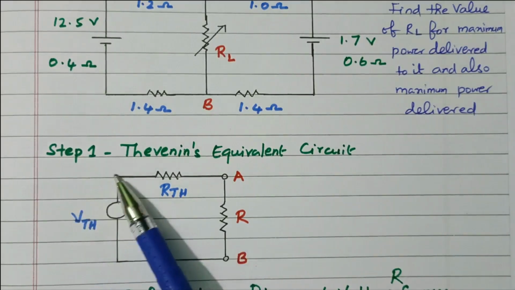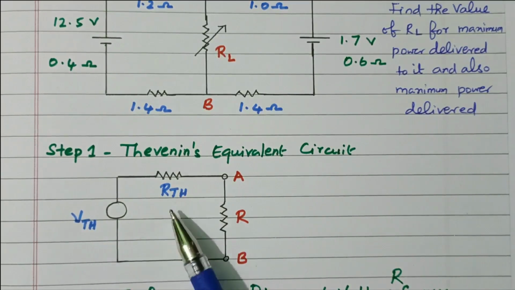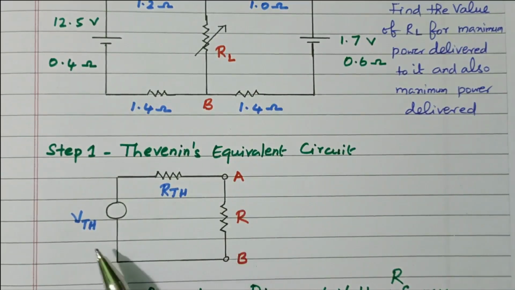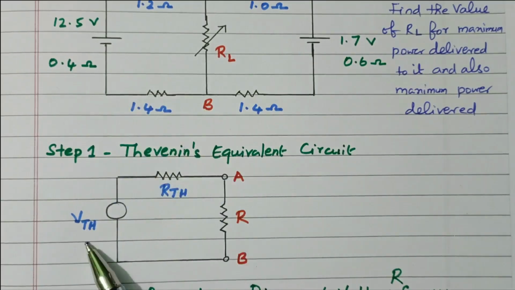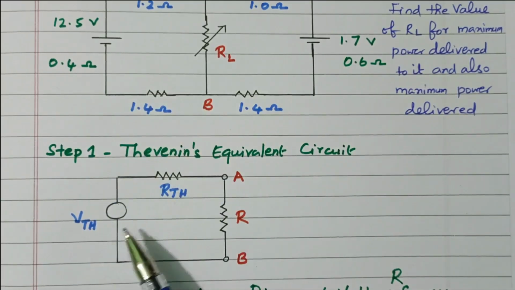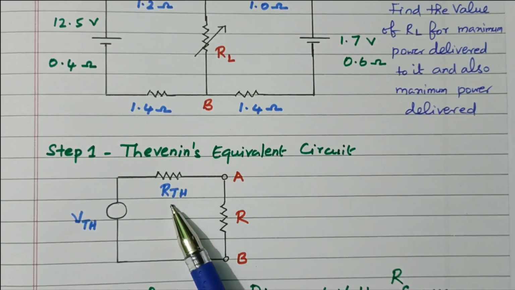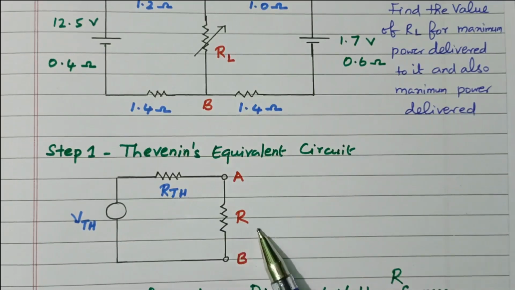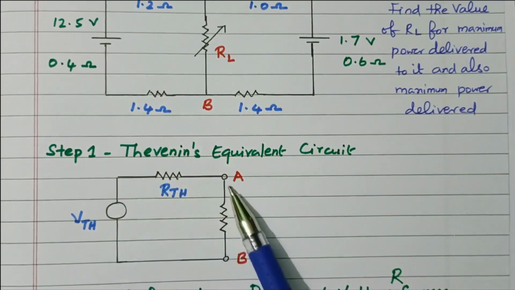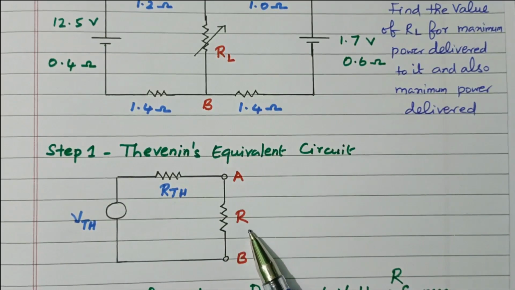After calculating the Thevenin equivalent circuit, it becomes easier. The complicated circuit is reduced to only one voltage source and one resistance, which is the internal resistance. Based on the statement, the load resistance and internal resistance are equal, so we get the simplified circuit and can easily calculate the R value.